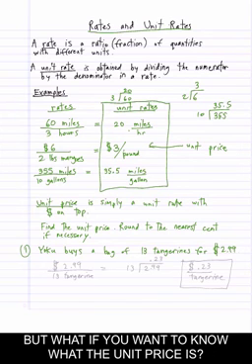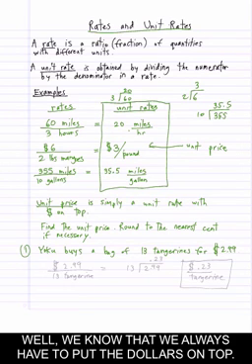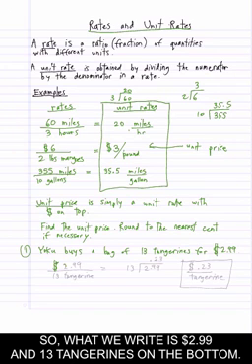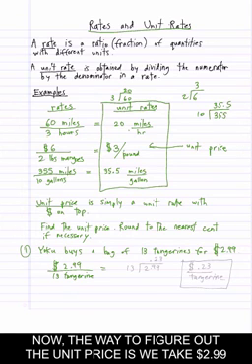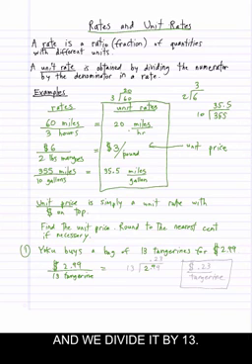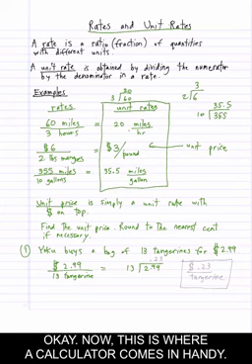But what if you want to know what the unit price is? Well, we know that we always have to put the dollars on top. So what we write is $2.99 and 13 tangerines on the bottom. Now, the way to figure out the unit price is we take $2.99 and we divide it by 13. This is where a calculator comes in handy.